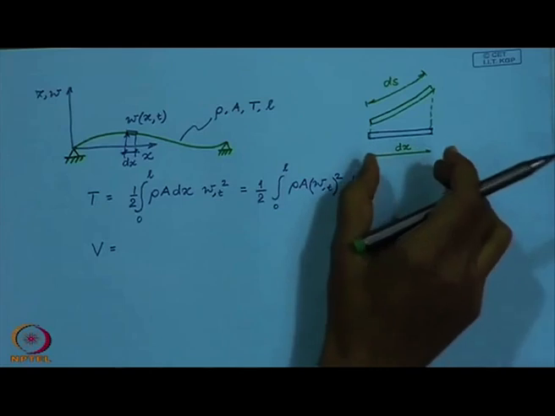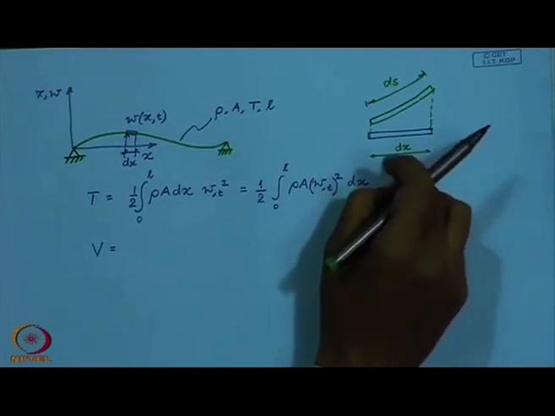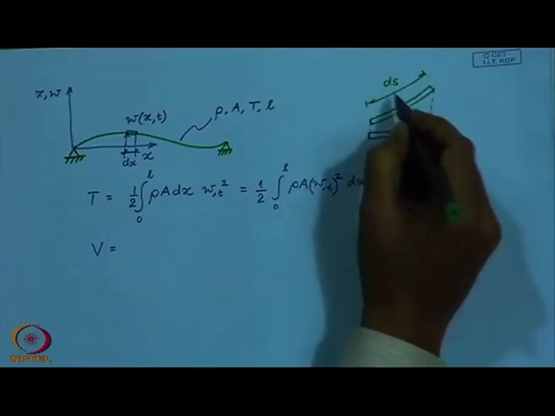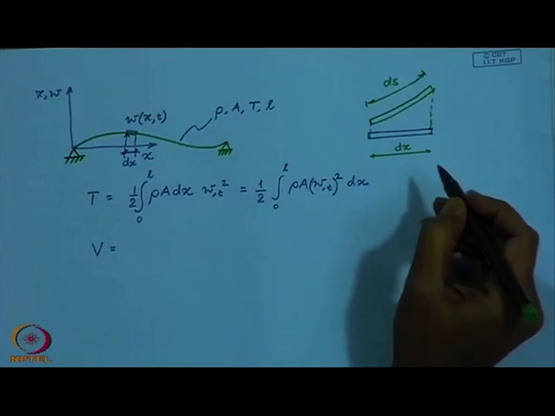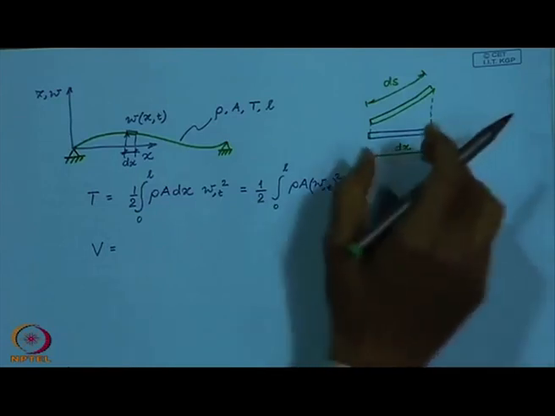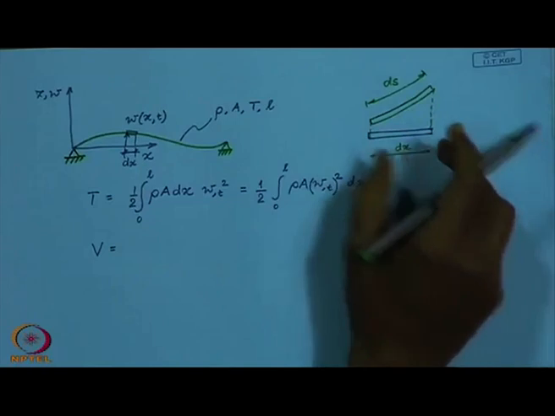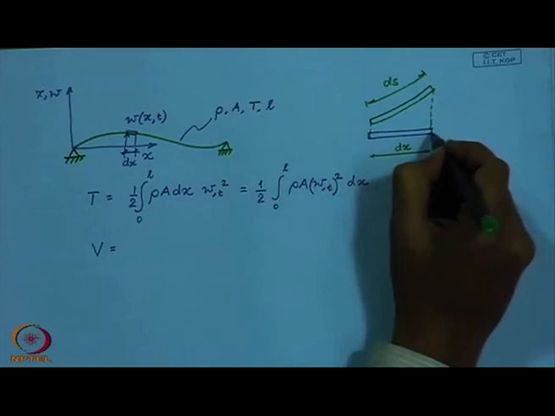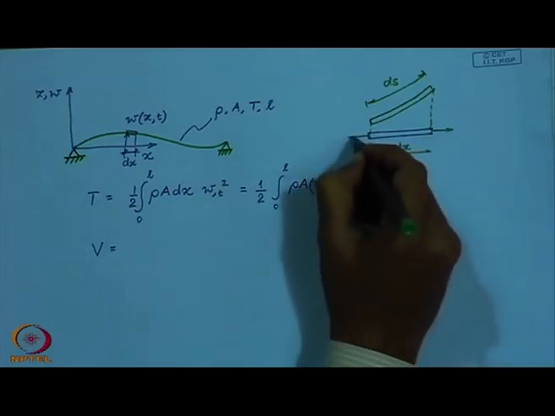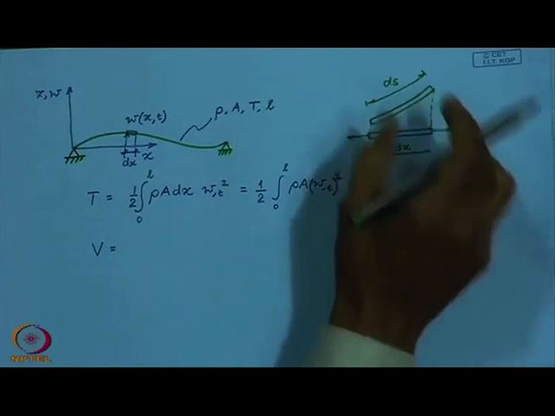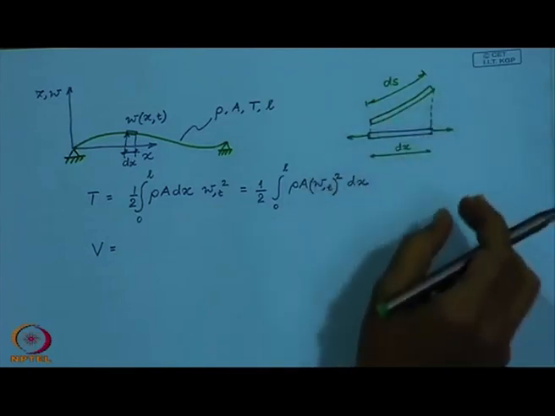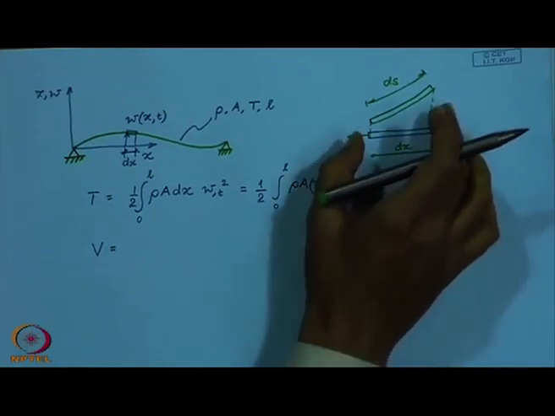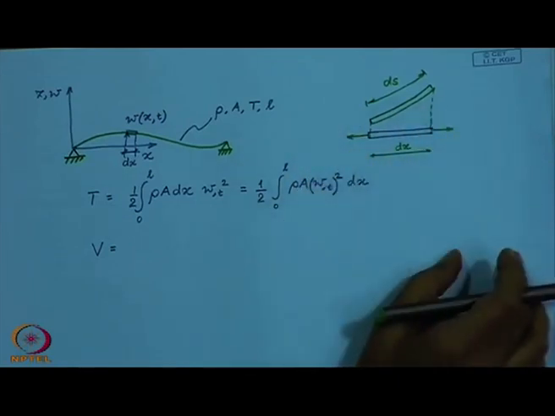The length at the equilibrium configuration was dx. After it has been displaced, its length changes to ds. Now, this change in length is taking place under a tension T, which we have assumed not to change with displacement. This was one of the assumptions of our model. So, tension of course actually changes, but then that change is assumed to be negligible.